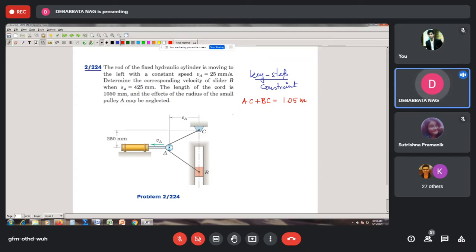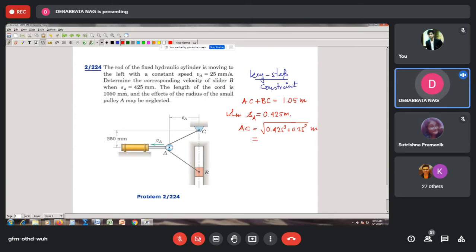So when SA is equal to 0.425 meter, we can find the value of AC. AC is equal to the square root of 0.425 squared plus 0.25 squared. Why 0.25? Because this dimension is given as 250 millimeter. I just apply the Pythagorean rule to find the distance AC.